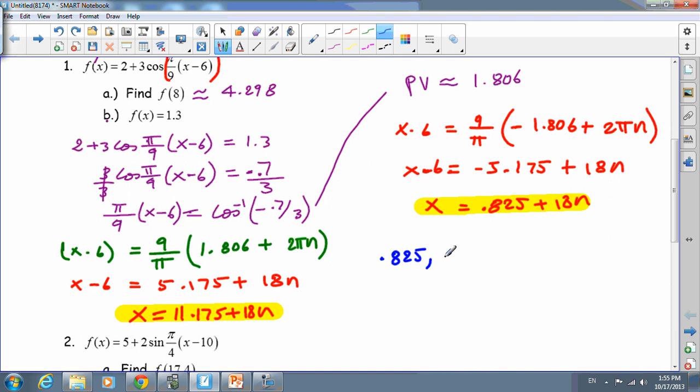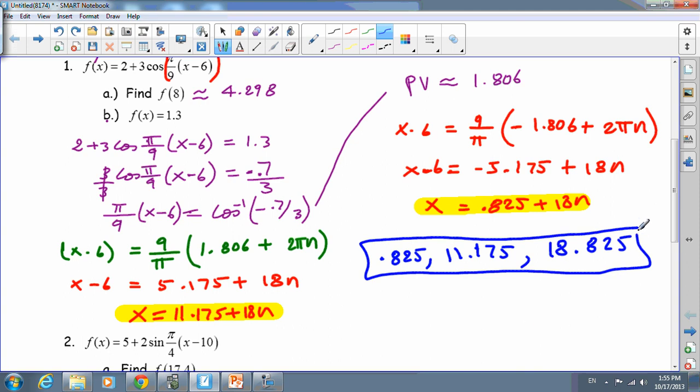The next one will be 11.175, and for the last one I will plug in 1 here and I will get 18 plus this, and you will get 18.825. And these represent the first three positive solutions.